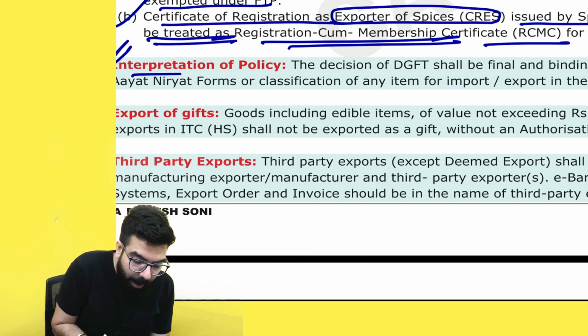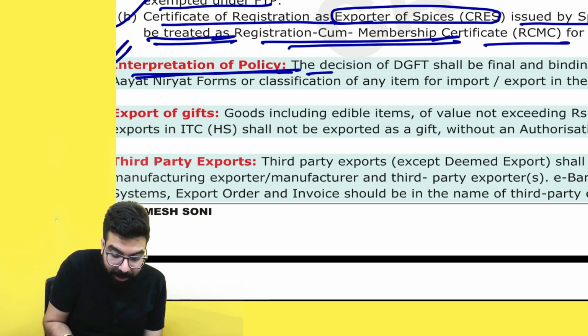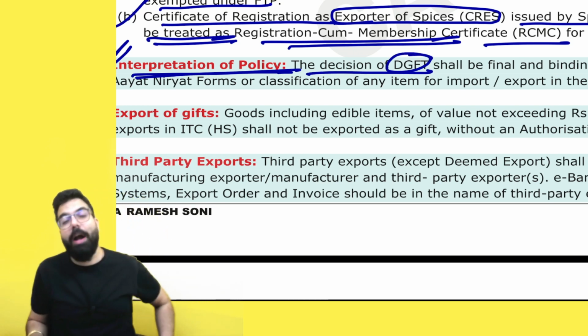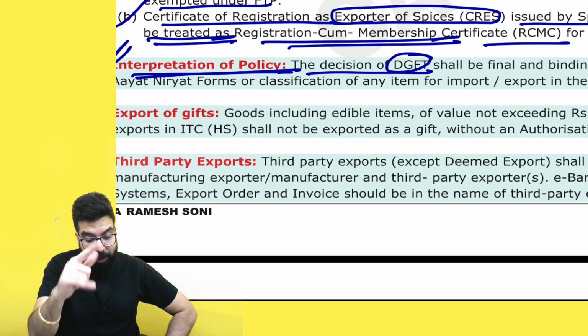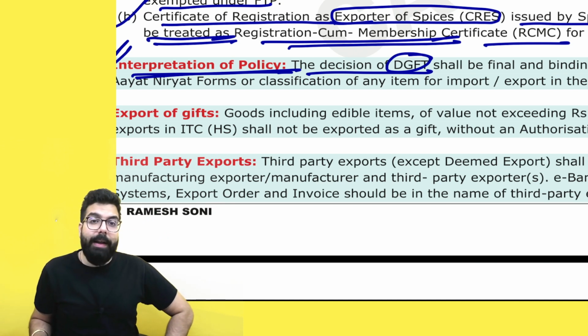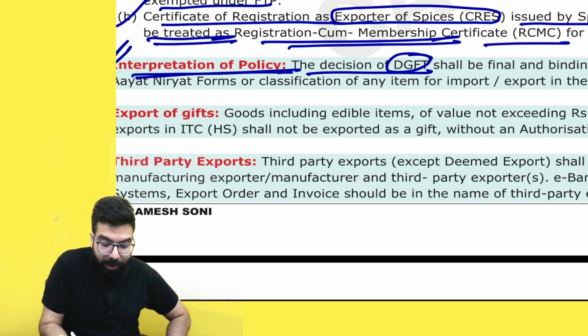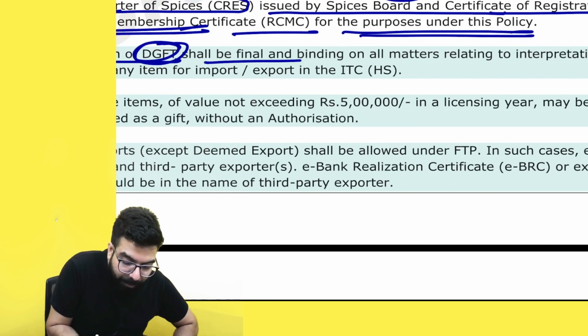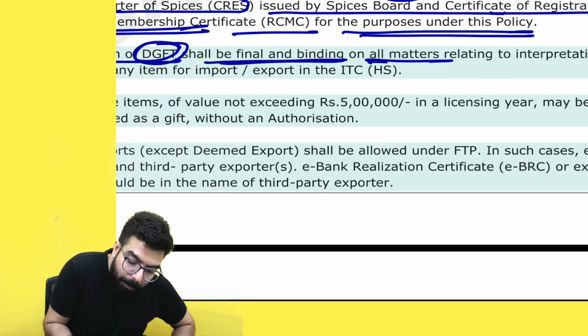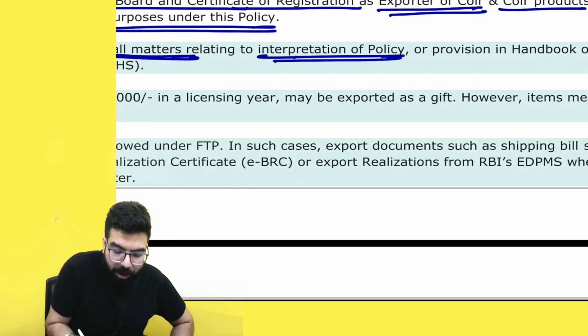They are telling over here, interpretation of the foreign trade policy, the decision of the DGFT. You can't forget one thing in the exam. They will tell you, regarding an interpretation of the foreign trade policy, the custom authorities have given a decision. Baba, that decision is useless because the decision of the DGFT shall be final and binding on all matters relating to the interpretation of foreign trade policy.